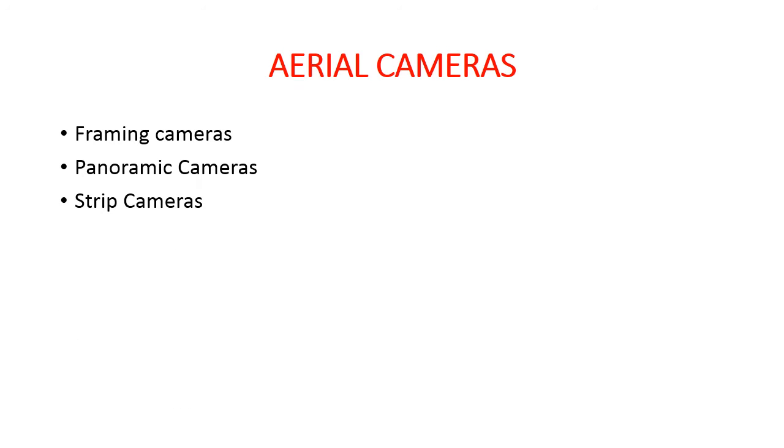The next type is strip cameras. In the strip camera the lens is fixed, as compared to panoramic camera, but the film is continuously moving, therefore we get a continuous picture of an area. There is no distortion, therefore we get good quality of the photograph.